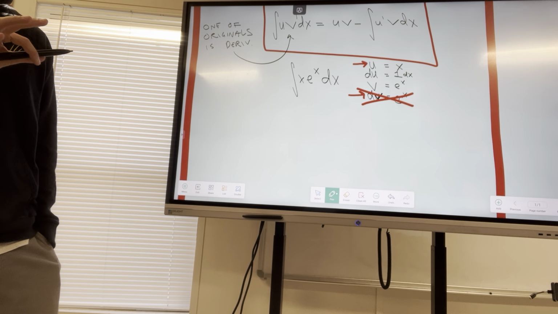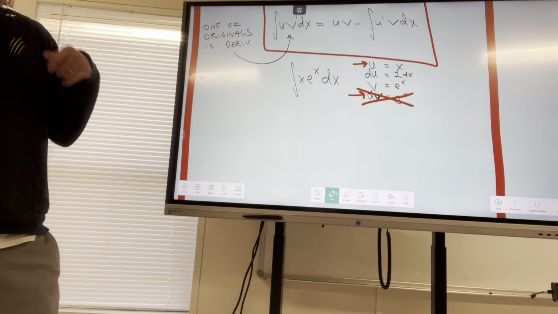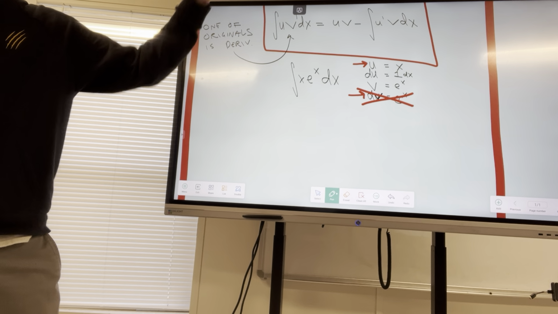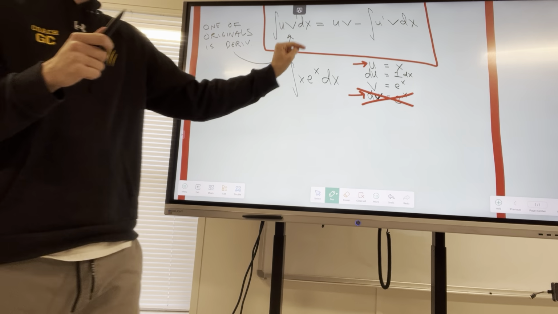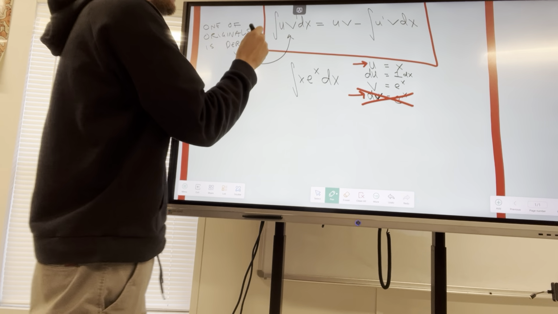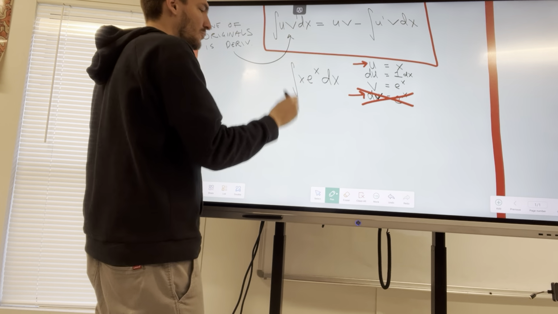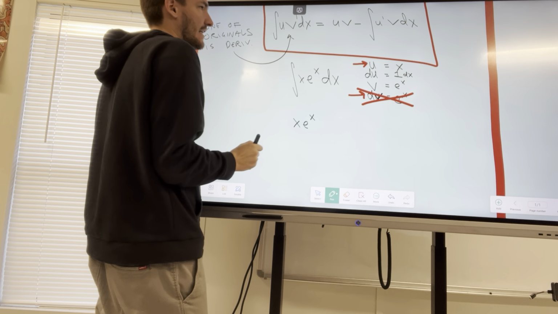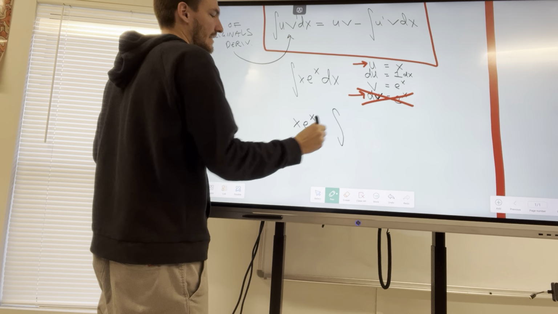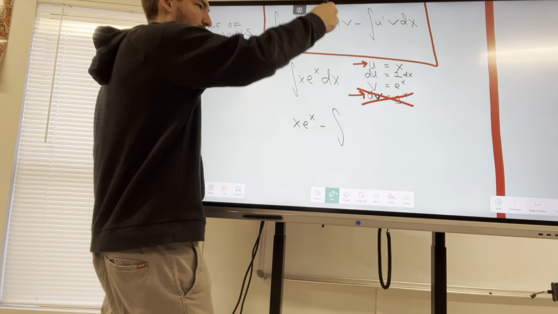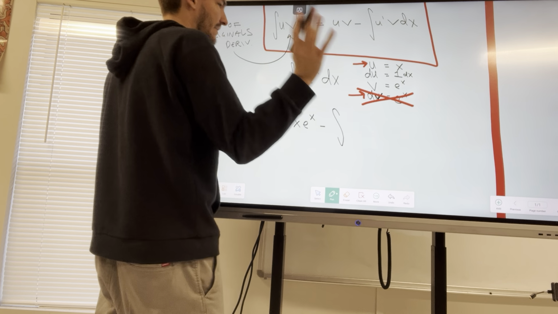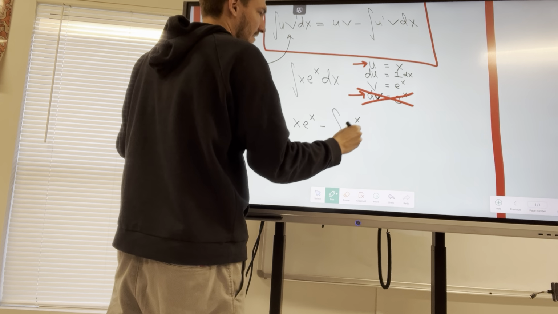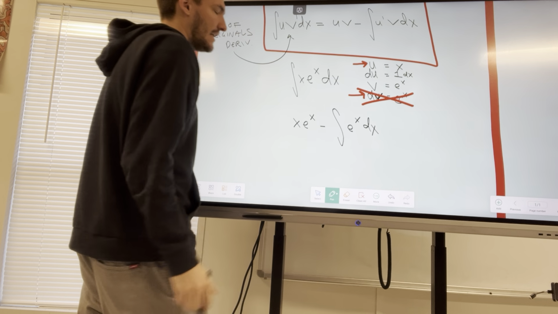That is a huge hiccup that people get into, is they start thinking that they need to use all 4 of those pieces that we first build up, but that dv doesn't show back up again. So our formula would be u, which is x, times v, which is e to the x, minus the integral of u prime or du, which is 1, okay, I'm not going to write that, times v, which is e to the x dx.